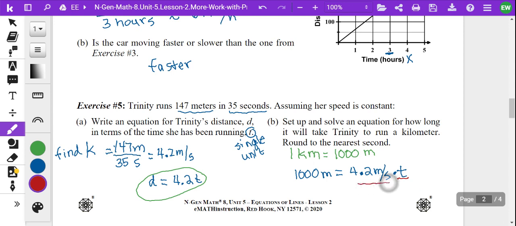So on both sides I'm going to divide by 4.2. So 1,000 divided by 4.2 is about 238 seconds.